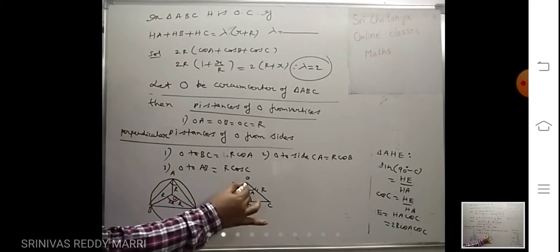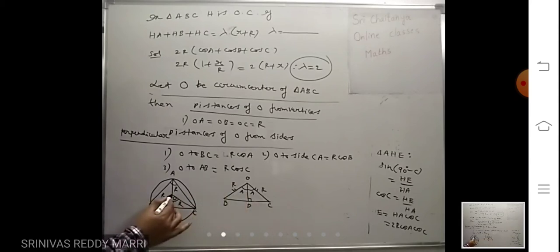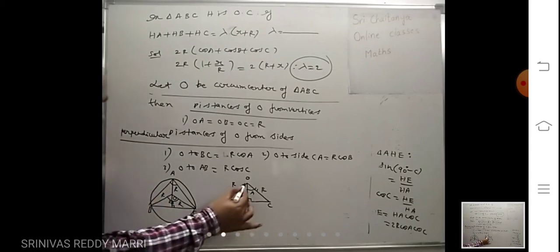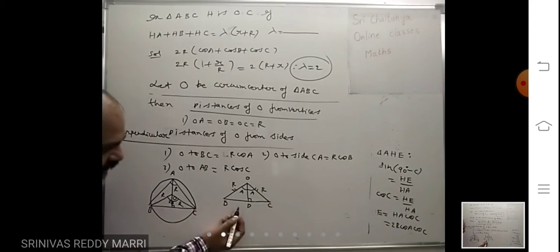This OD is nothing but the perpendicular distance from the circumcenter to the side BC. This OD I want to calculate.